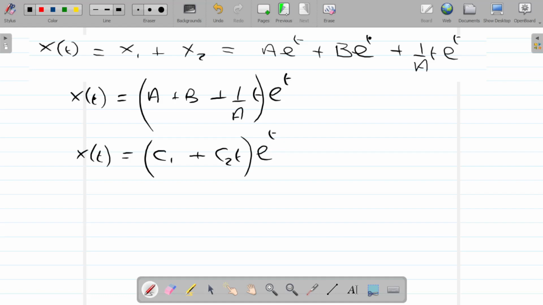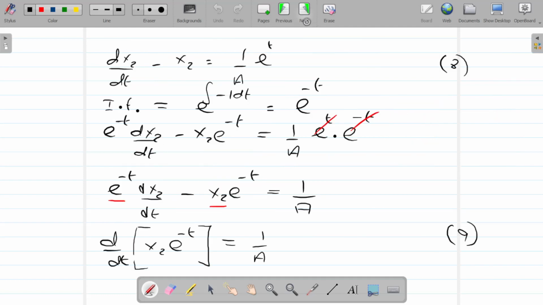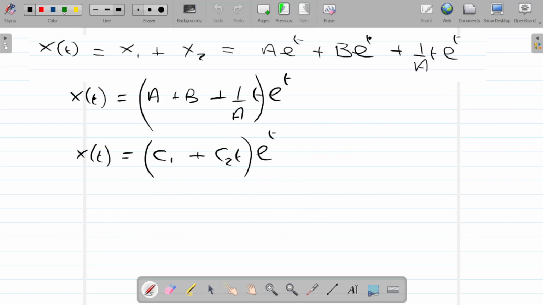And what do we have the first time round? We had x equals a plus bt times e to the t. So I'll just write, compare with x of t equal to a plus bt e to the t.